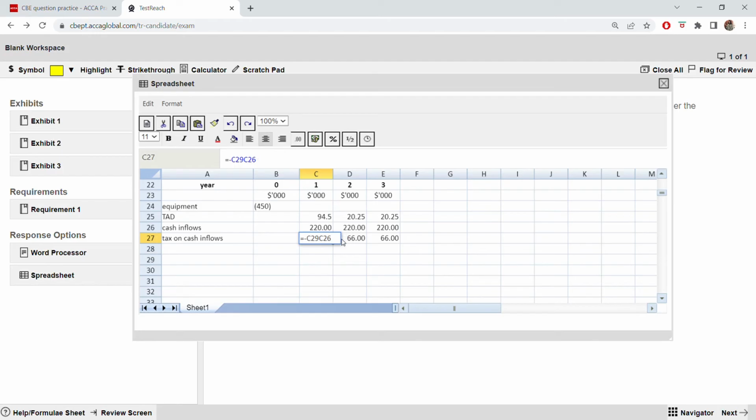It's not showing. Something is wrong somewhere. Minus this, multiply by 0.3. It is not showing that minus. It was showing before, but now it's not showing. That means something is somewhere wrong.